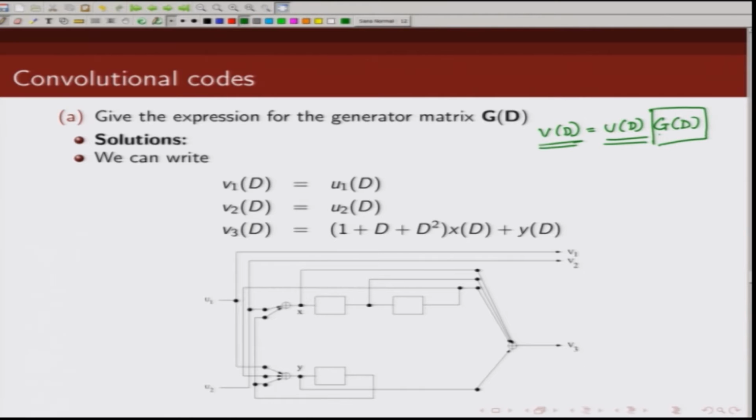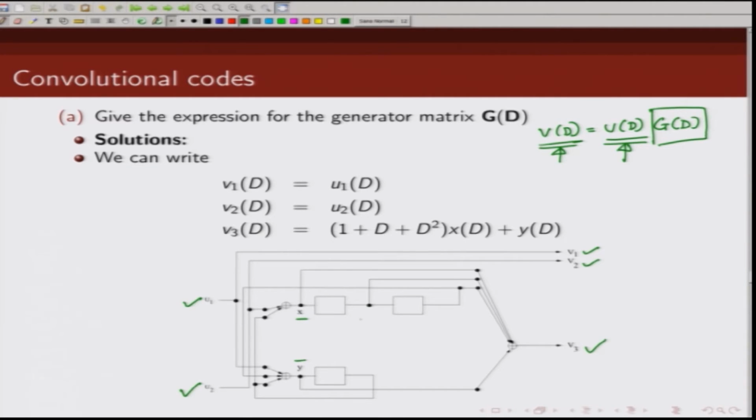So, what we are going to do is write the output V(D) in terms of input U(D), and then that would give us our generator matrix. So, our objective is to write V1, V2, V3 in terms of U1 and U2. Fine. We use some auxiliary variables x and y, which will help us find the contents here.